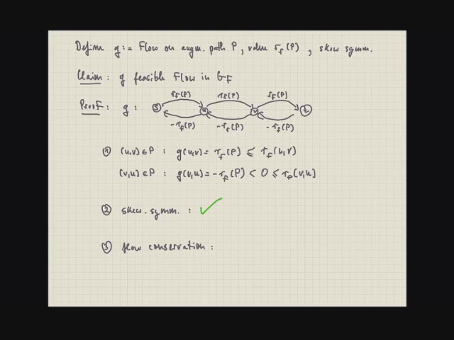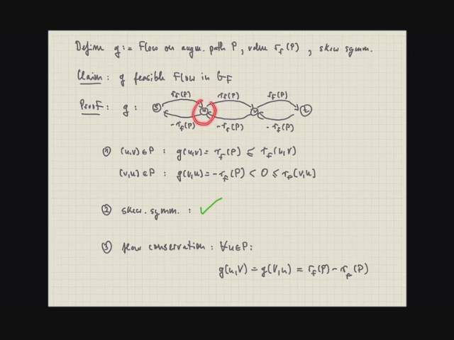And flow conservation is also fulfilled because for all vertices U on the path, the flow from U to all the other nodes is equal to the flow from all the other nodes to U. It is just equal to once the residual capacity of the path minus the residual capacity of that path, right?